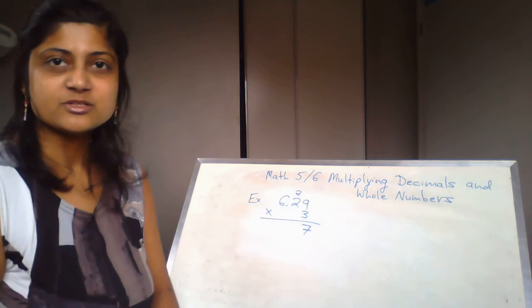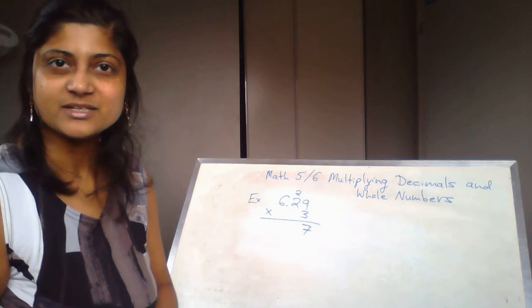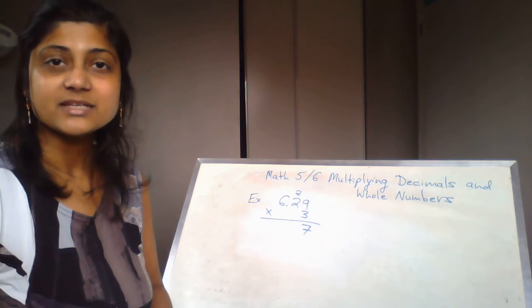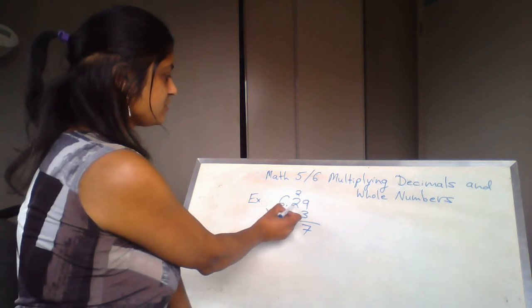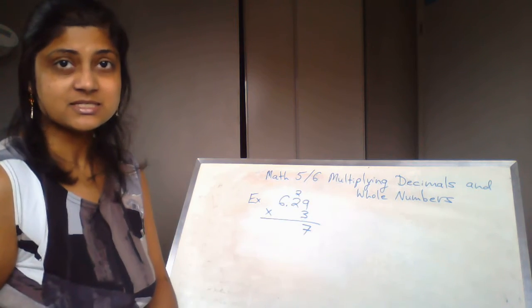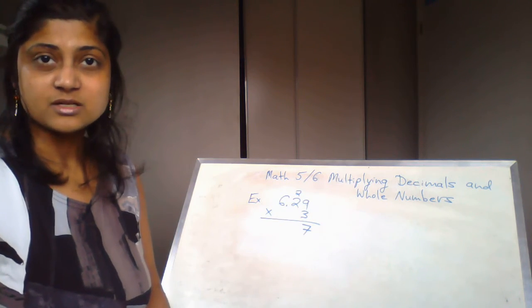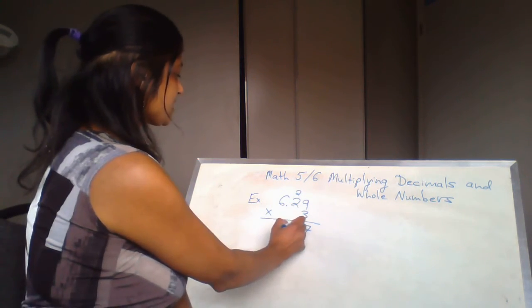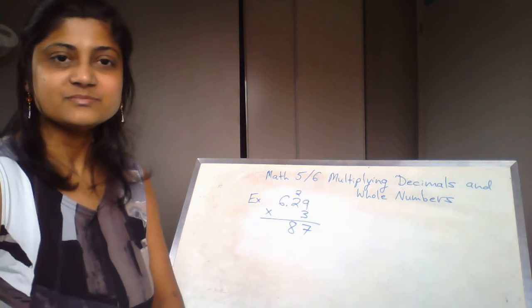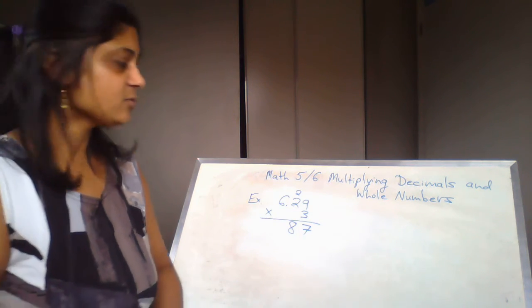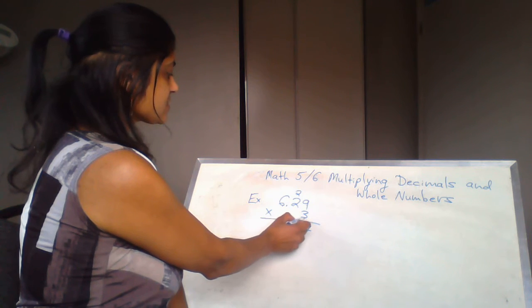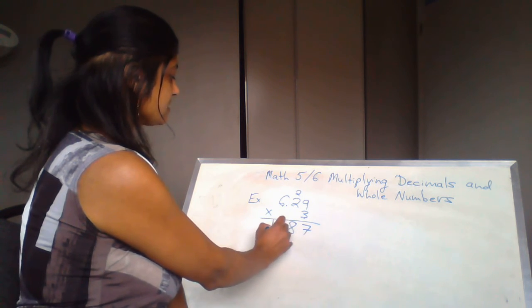I'm not going to draw the circles in case it's confusing anybody. Then go to the next column. We're going to do 2 times 3, which is 6, and then plus the 2 on top, which is equal to 8. And then lastly, we're going to do 6 times 3, which is equal to 18.